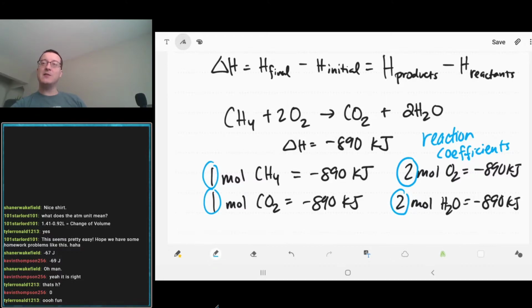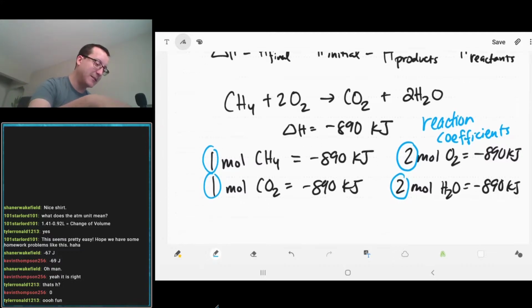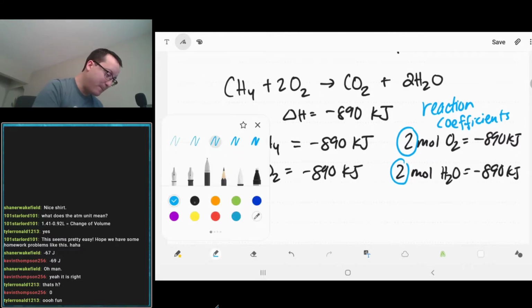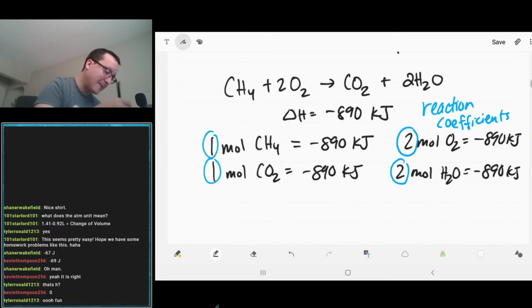So this means we can now figure out how much heat we're going to get out of a reaction by putting in a certain amount of materials. So, boom, here we go.